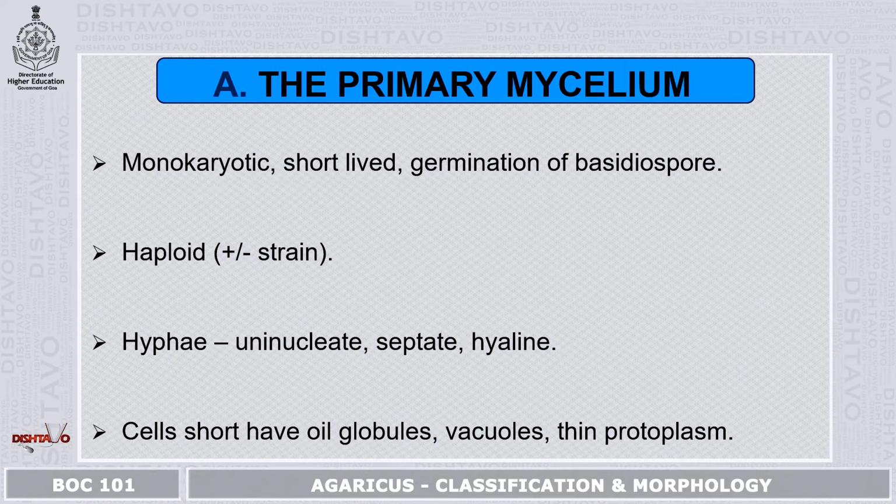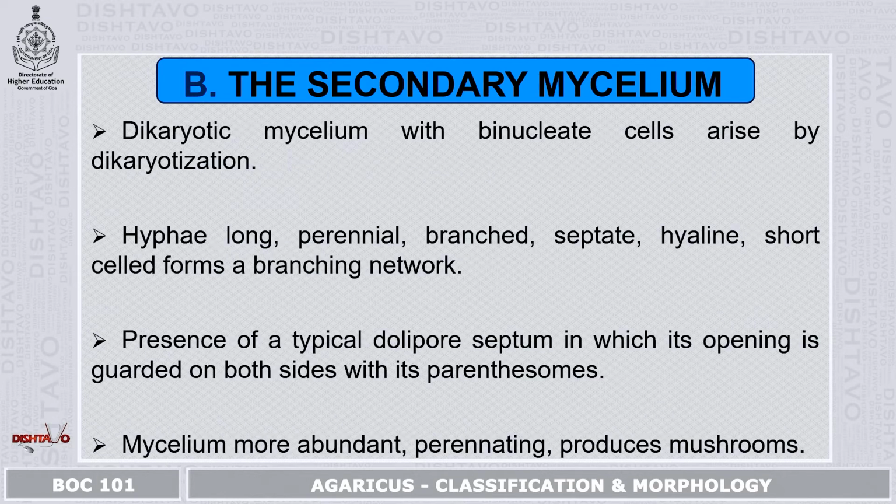The primary mycelium is haploid in nature, which consists of hyphae which are uninucleate, septate, hyaline, with short cells having oil globules, vacuoles, and protoplasm.